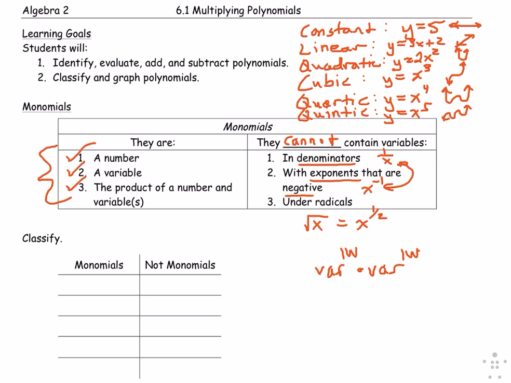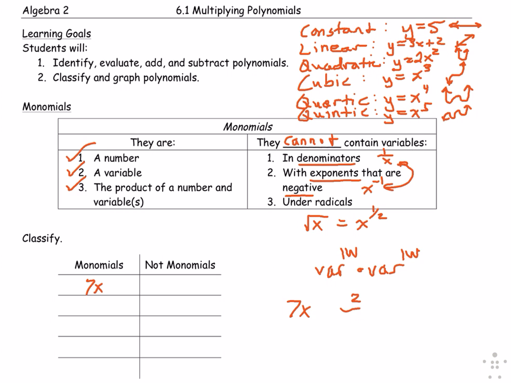So commit these rules to memory, and what I'm going to do next is, on the side here, write 7x, and now think about it. Should that be a monomial or not? Pause as needed. This should be a monomial because it is the product of a variable and a constant.